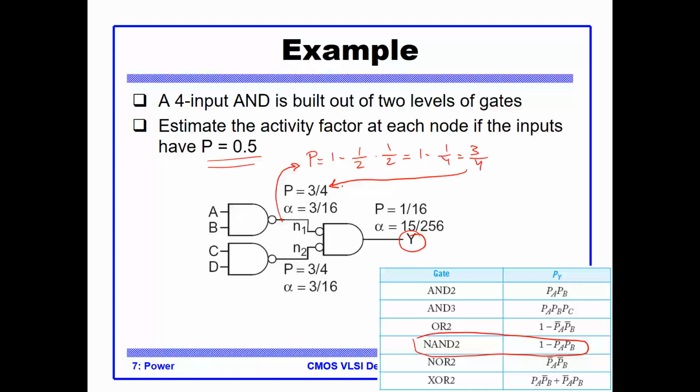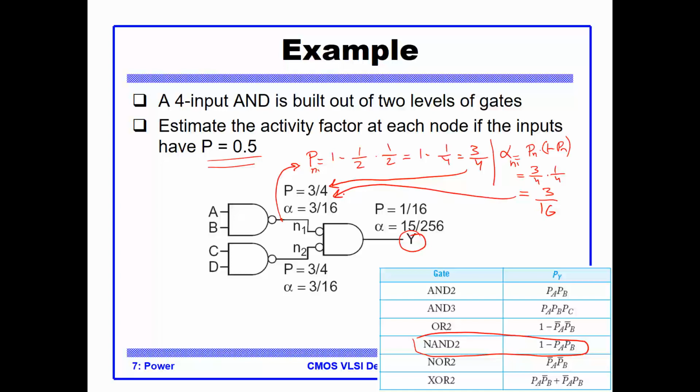And then we can compute alpha for node N1, which equals the probability of N times 1 minus the probability of N, which is 3/4 times 1/4, and that is equal to 3 over 16, and that's what we got right here.